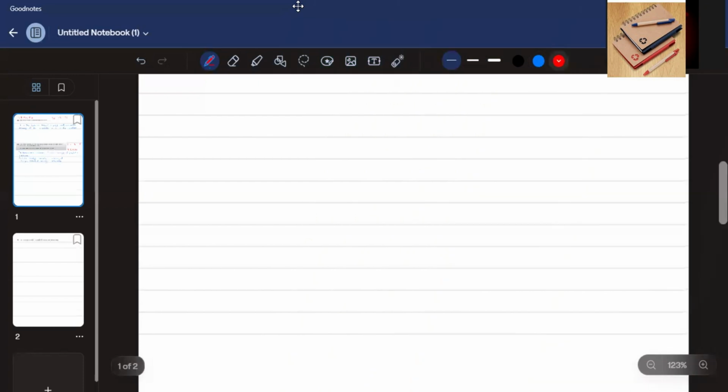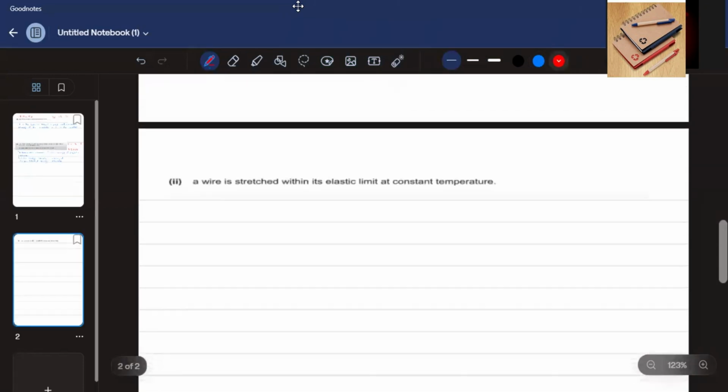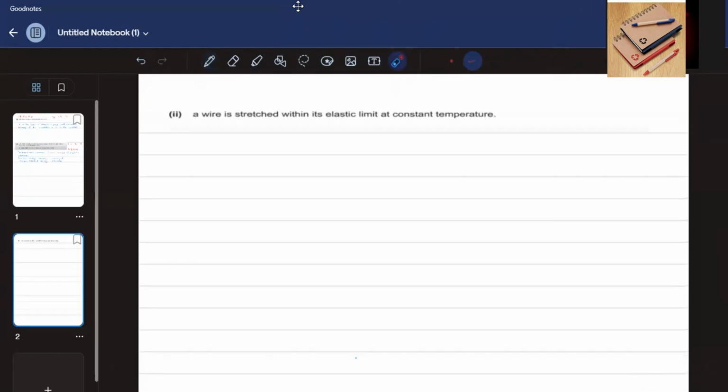Now let's move to the second part. Over here, it says a wire is stretched within its elastic limit at constant temperature. So you can see the temperature is constant, and when the temperature is constant, kinetic energy is also constant.